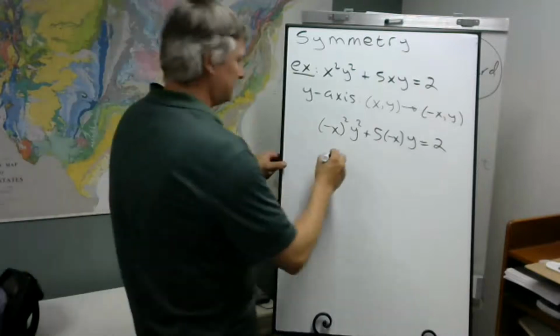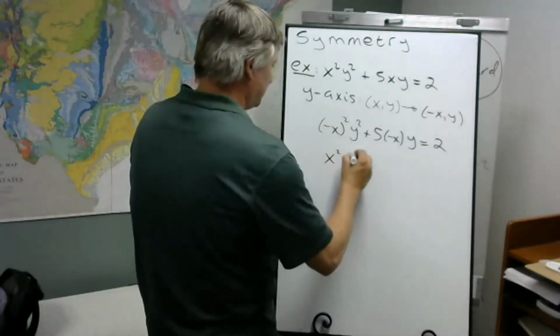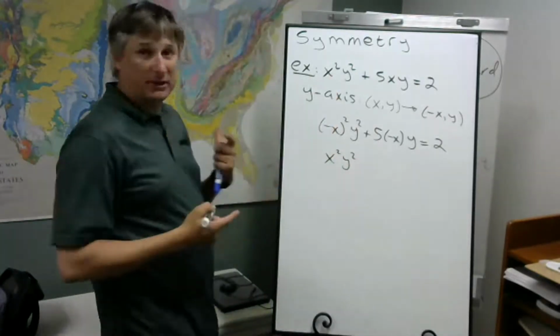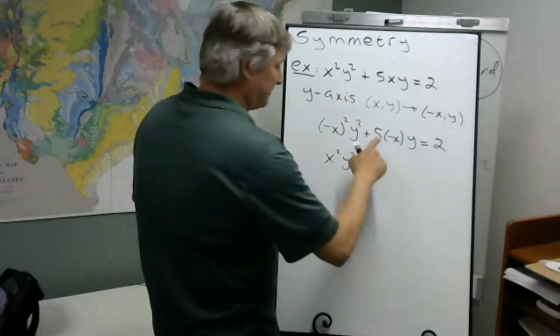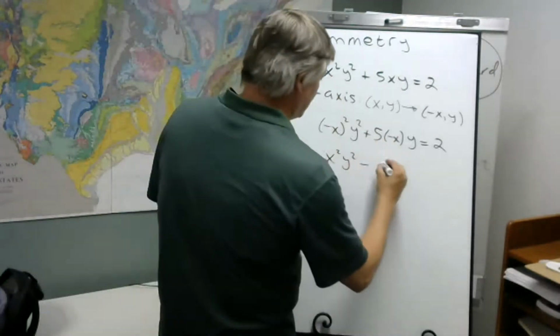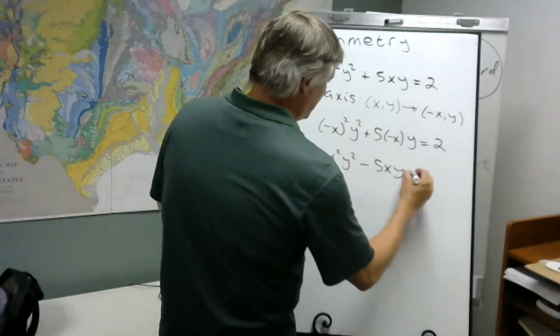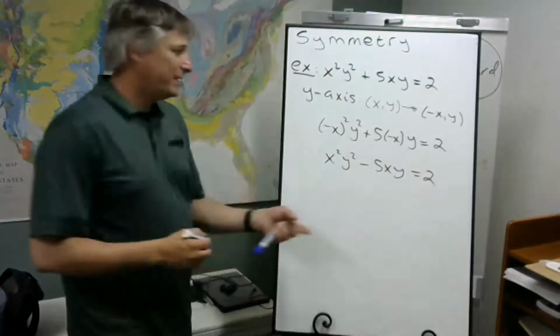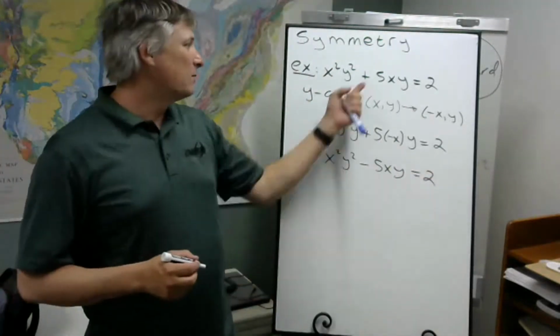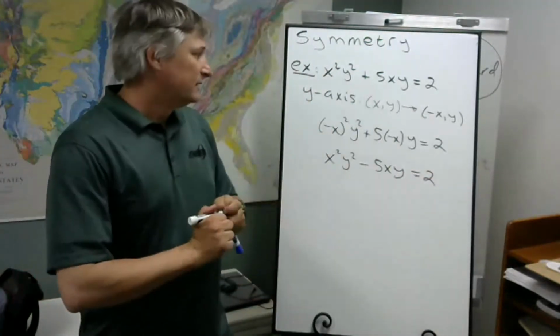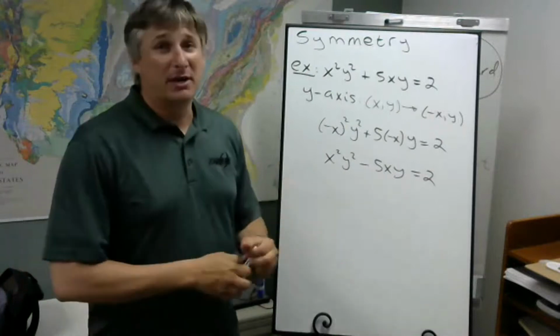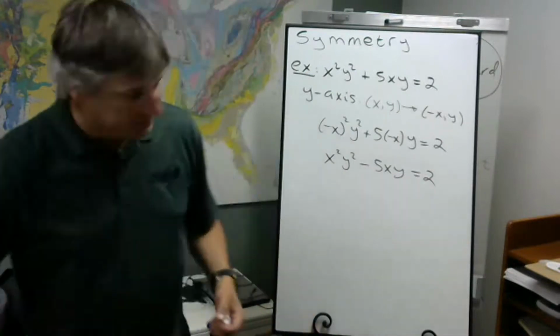Square this, x squared y squared. Well, so far so good. Looks like it's working. But here, 5 times negative x, negative 5xy equals 2. We get a different equation from what we had before. So this doesn't work. It's not symmetric across the y-axis.